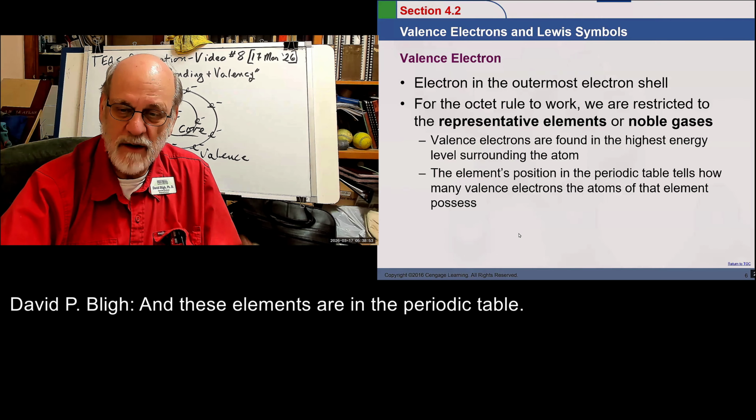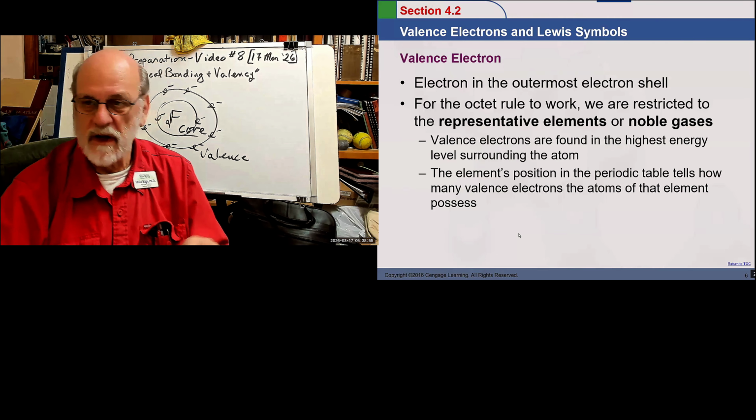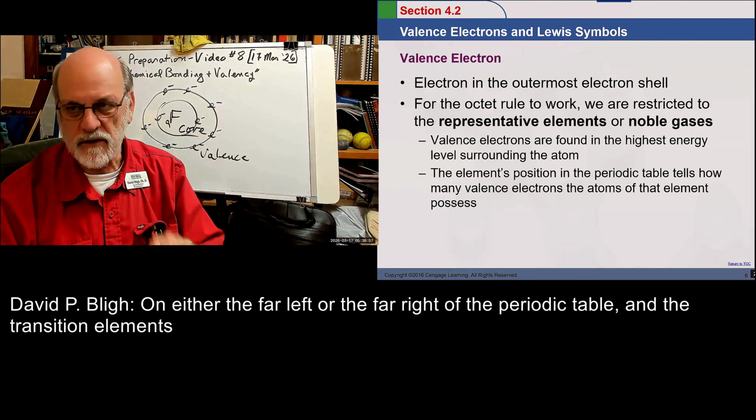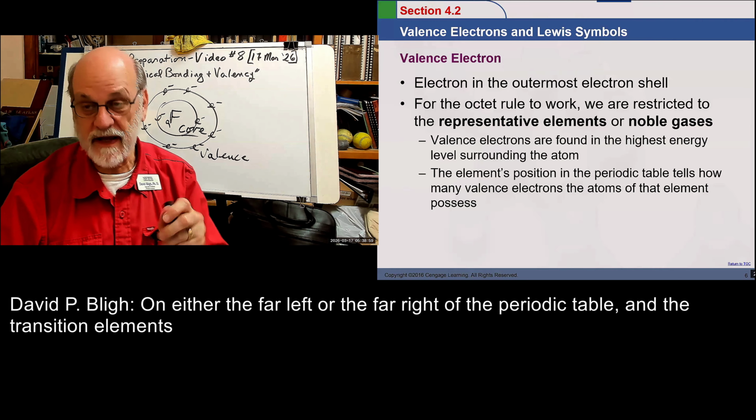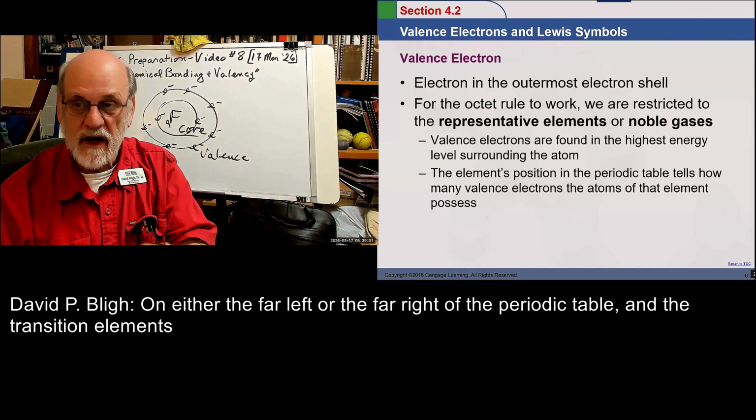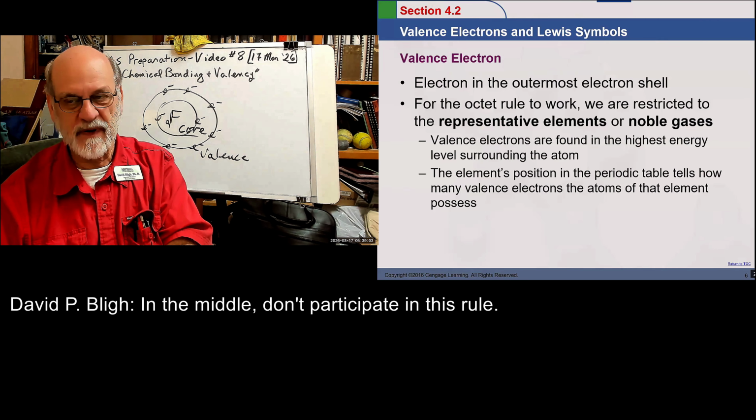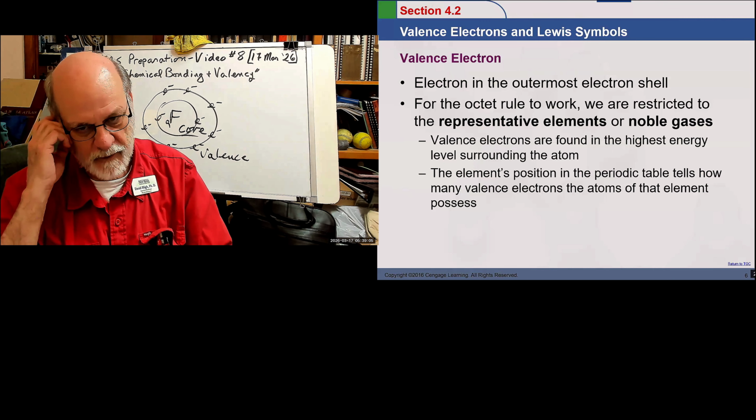And these elements are in the periodic table on either the far left or the far right of the periodic table. And the transition elements in the middle don't participate in this rule.